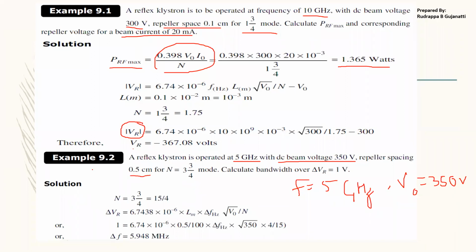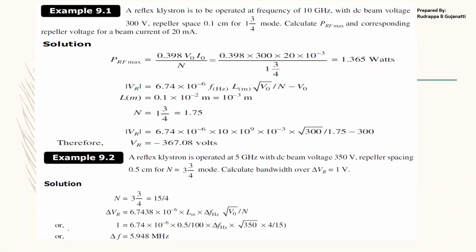The repeller spacing, that is the length of the space between the repeller plate and the cavity, is given. This is the operating frequency, 5 gigahertz.